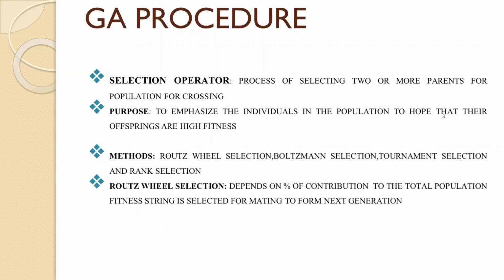The purpose of this selection operator is to emphasize the individuals in the population and to hope their offspring have high fitness value. There are various selection operators: roulette wheel selection, Boltzmann selection, tournament selection, rank selection. But roulette wheel selection depends on the percentage of contribution to the total population fitness.